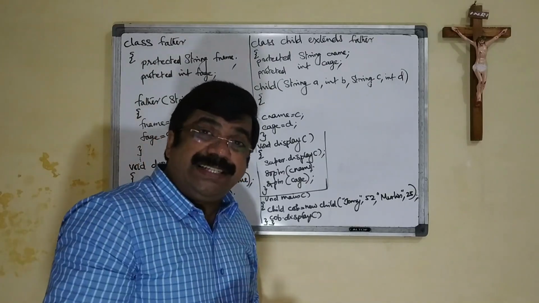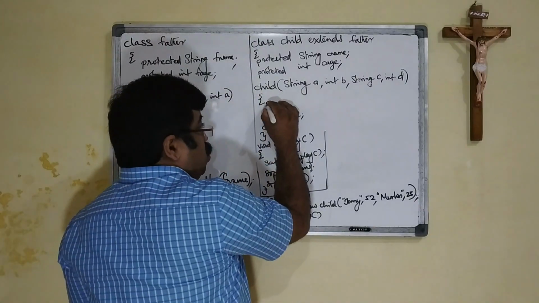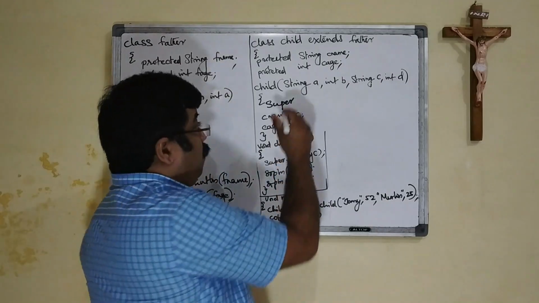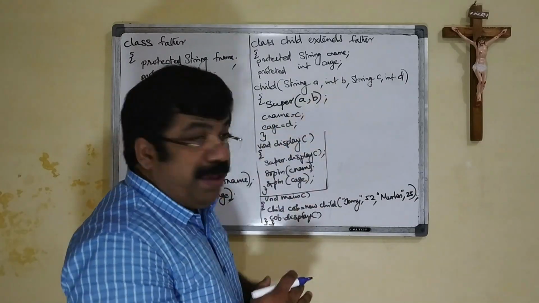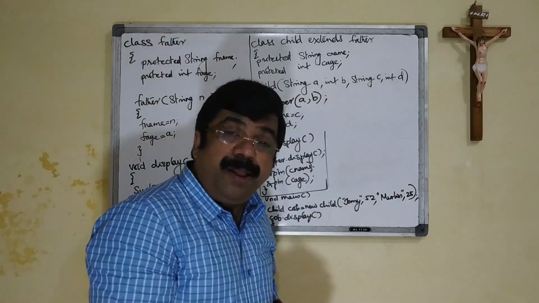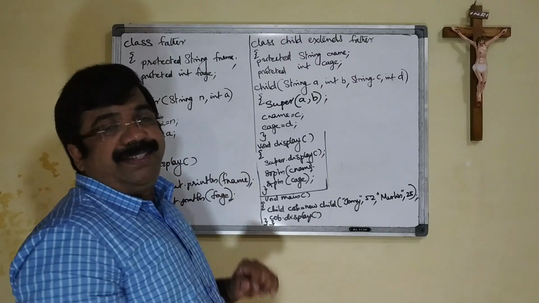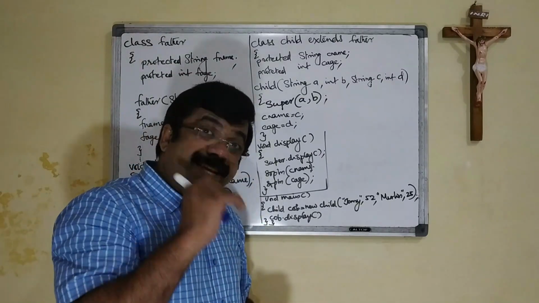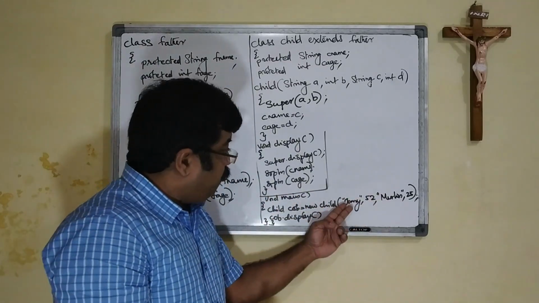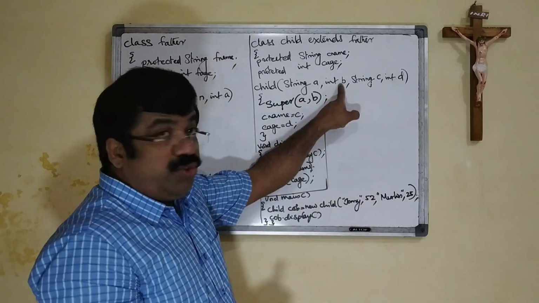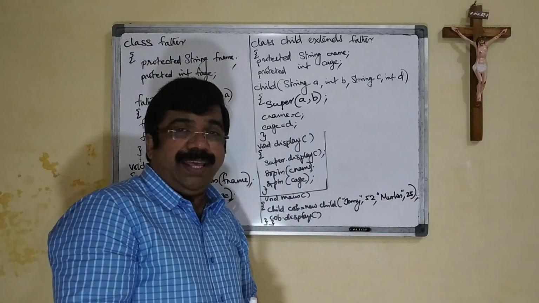To specify that, in the derived class constructor, the first statement should be written like this: super(A, B).